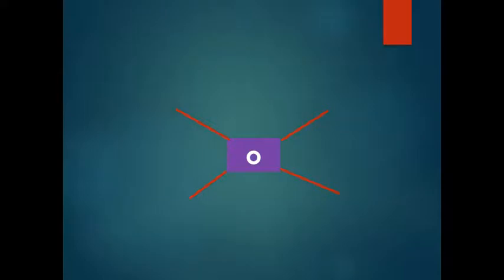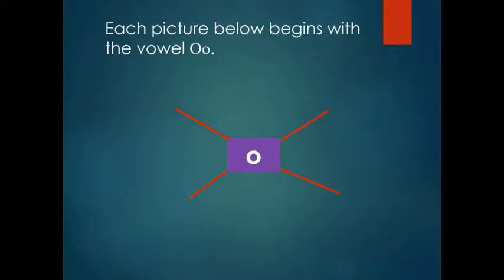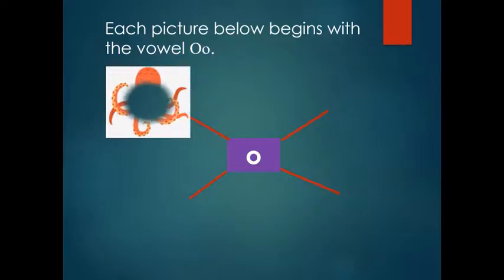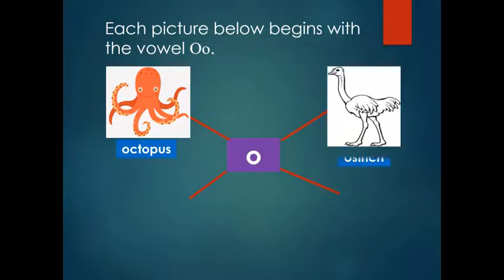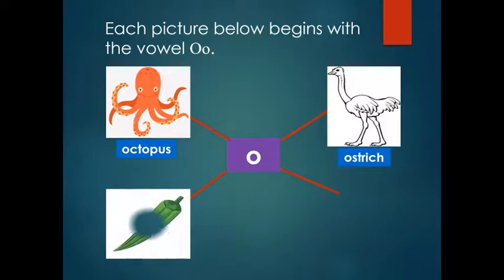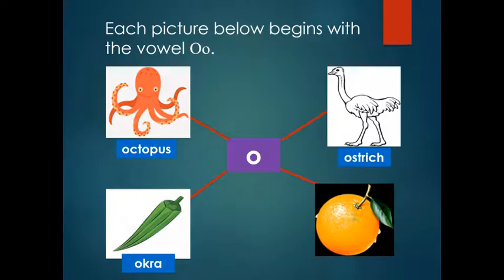The letter O. Each picture below begins with the vowel O. The sound is O. Octopus, ostrich, okra, orange.